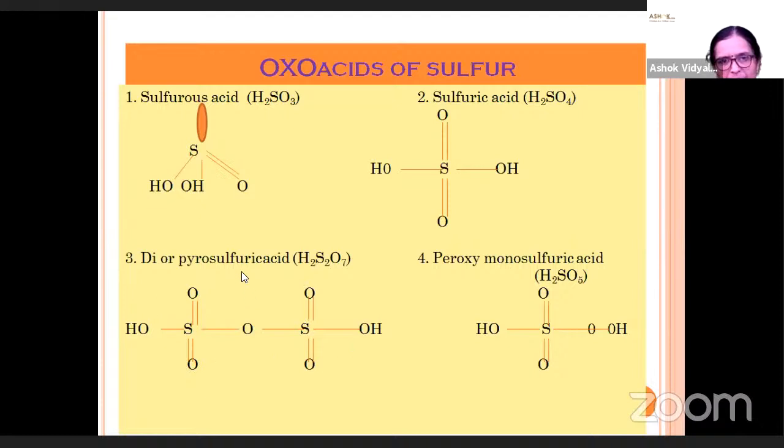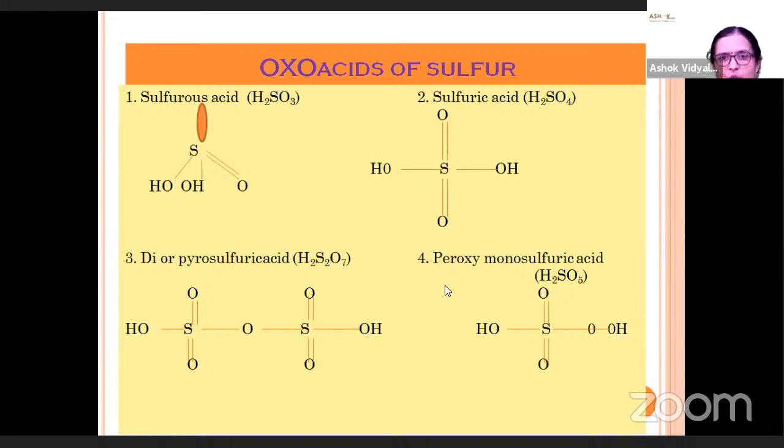This is the mirror image: O is the central atom, and the same structure is repeated on this side also. This is the structure of disulfuric or pyrosulfuric acid, having molecular formula H2S2O7. This is H2, the 2 hydrogen atoms, S2, 2 sulfur atoms, and O7, that is 1, 2, 3, 4, 5, 6, and 7 oxygen atoms.